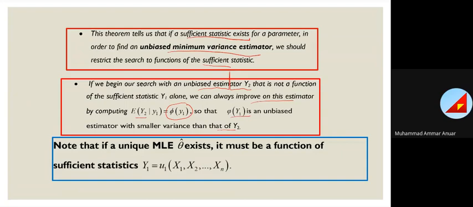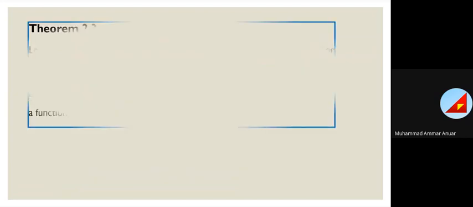The same example, let's say we take X bar. X bar is your MLE, and your sufficient statistic is summation Xi. Since X bar can be written as summation Xi over N, that means your MLE X bar is a function of the sufficient statistic. That is the meaning of that definition note. Next is the theorem.